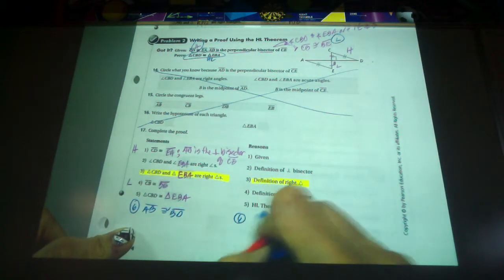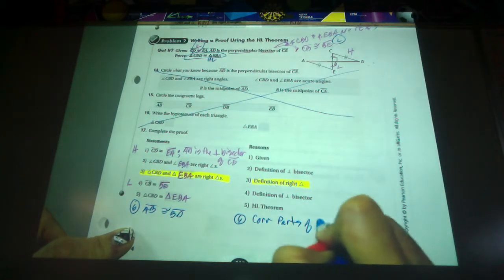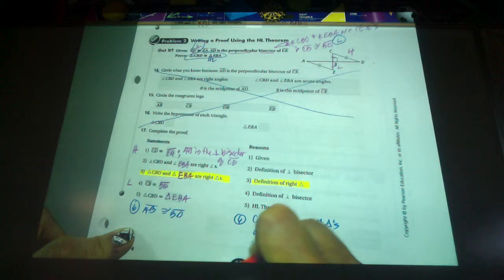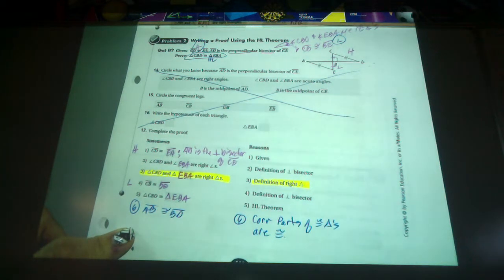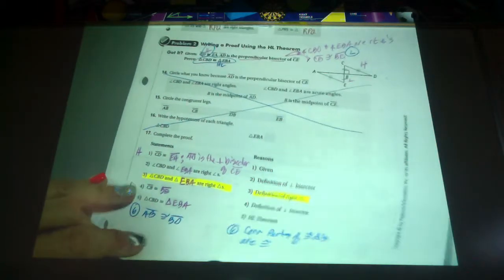So you could have exactly the same proof, but if the proof statement is switched out by any corresponding parts, then you would end up with corresponding parts of congruent triangles are congruent. So please bear in mind that you could have that. We had that in 4-4, 4-5, something like that.